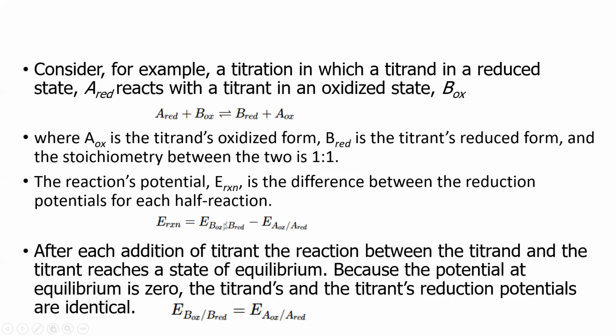And we can take the difference between them to give us the half reaction, the potential for the overall reaction. So when we add the titrant to the analyte, there will be a state of equilibrium, and at that point the potential at equilibrium will be zero, meaning that the titrant's and the analyte's potentials will be identical.